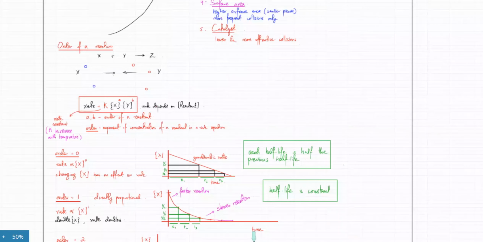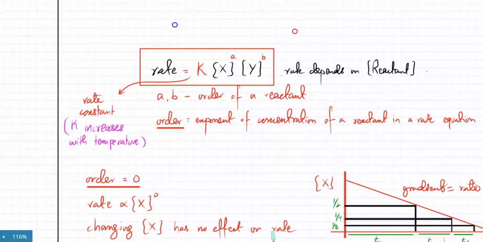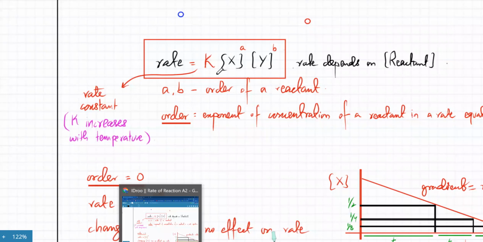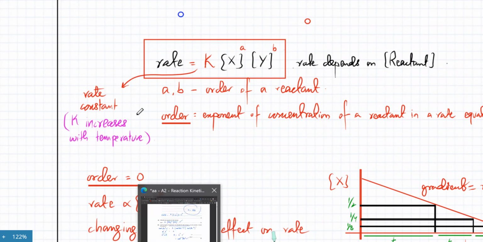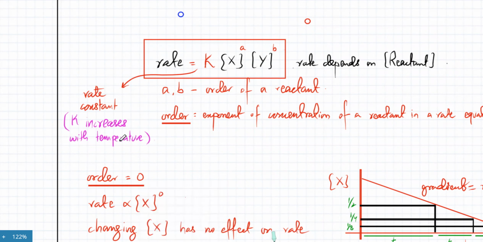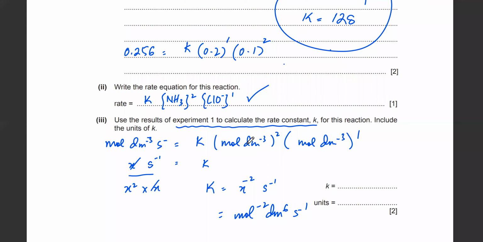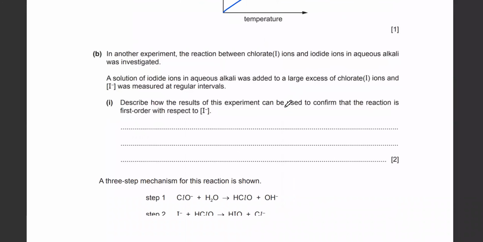The first time we introduce this constant, it's a rate constant, it increases with temperature. क्योंकि अगर concentration same रखी हुई है, so why is the rate increasing? Because the k value is increasing, and that's the only thing that changes. Otherwise, it's a constant.